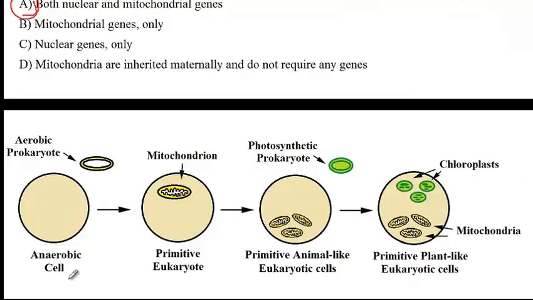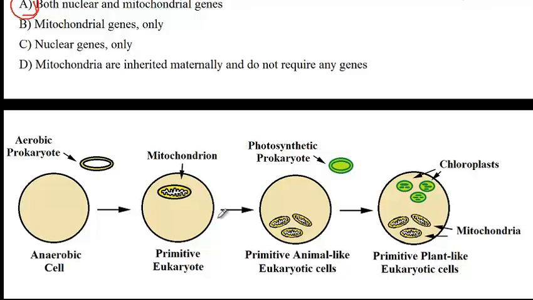The primitive anaerobic cells are thought to have formed a symbiotic relationship with an aerobic prokaryote, becoming primitive eukaryotes, where the aerobic prokaryote functions as a mitochondria for energy production through aerobic respiration. So therefore, these prokaryotes have their own genes.